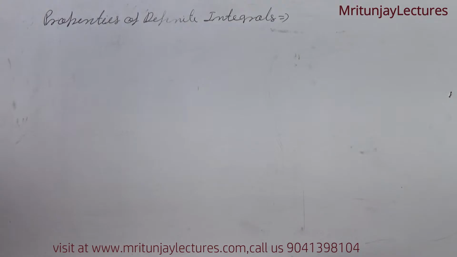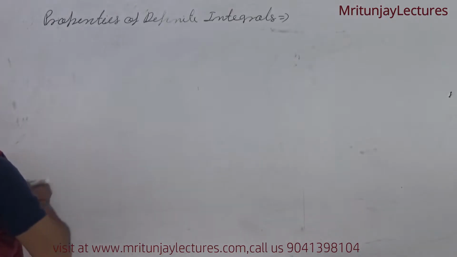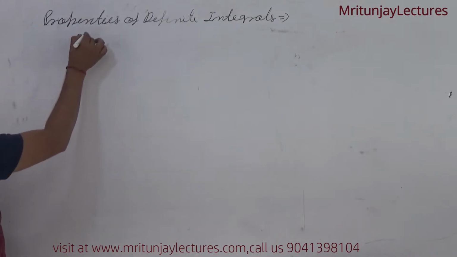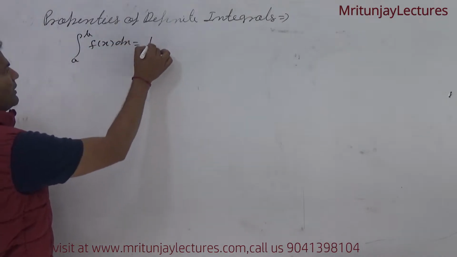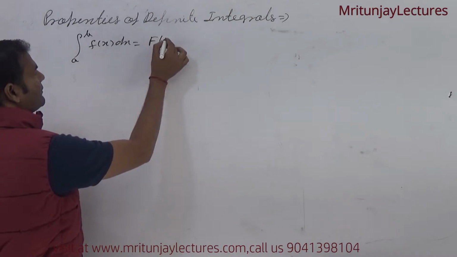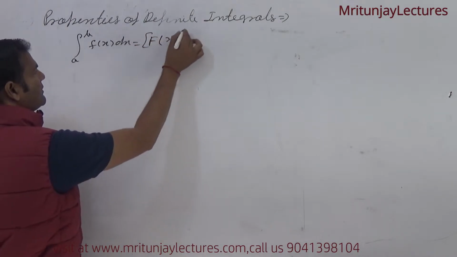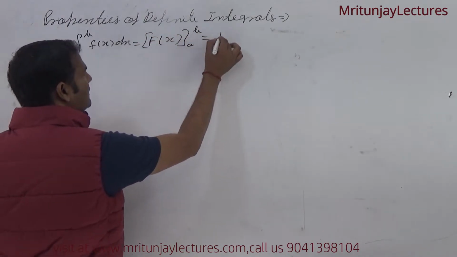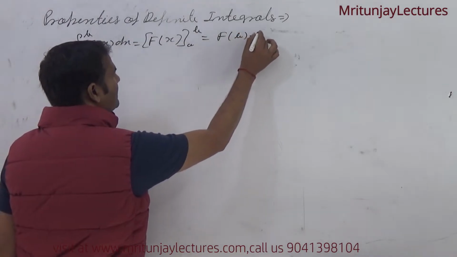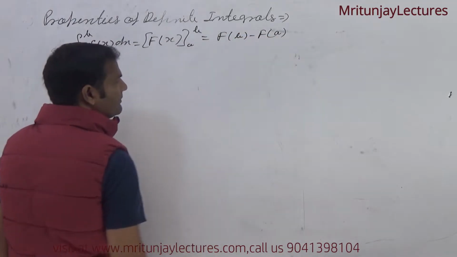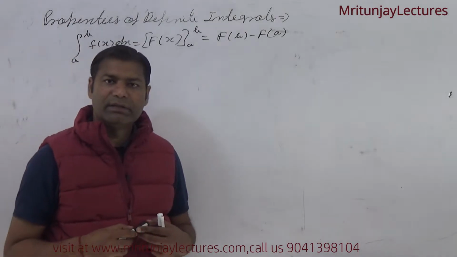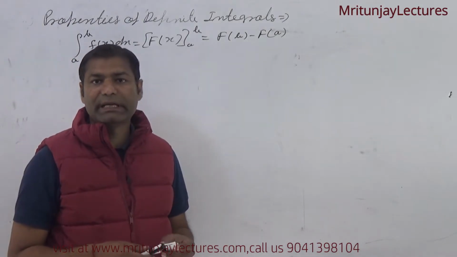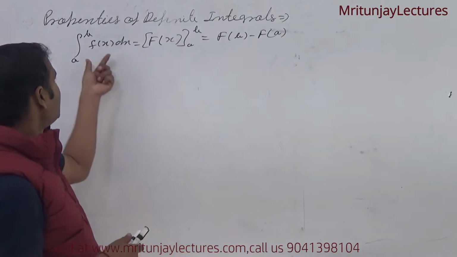Some properties. First one: I know that the integral from a to b of f of x dx is equal to F of x from a to b, that is F of b minus F of a. I have already discussed that f of x is a defined function and continuous on the closed interval a and b.